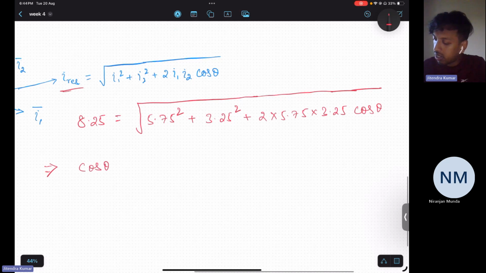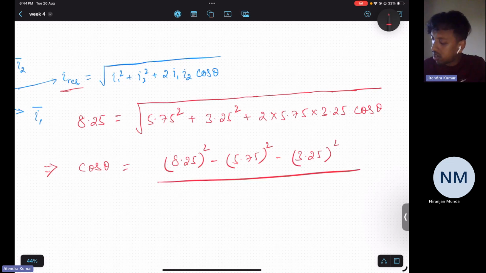Cos theta is equal to 8.25 squared minus 5.75 squared minus 3.25 squared, divided by 2 into 5.75 into 3.25. Now I think we can calculate.